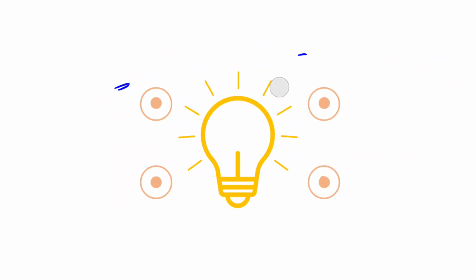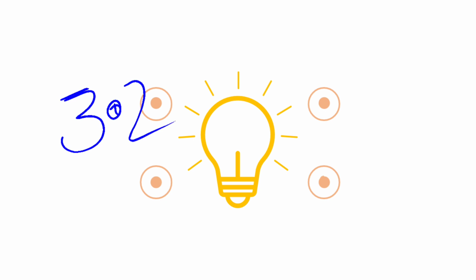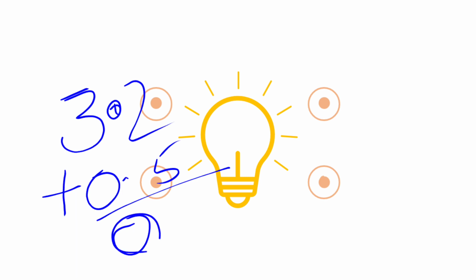Let us take the same example which we took previously, that is 3.2 plus 0.5. First we have to add 0.5, right? Then we get 3.7.